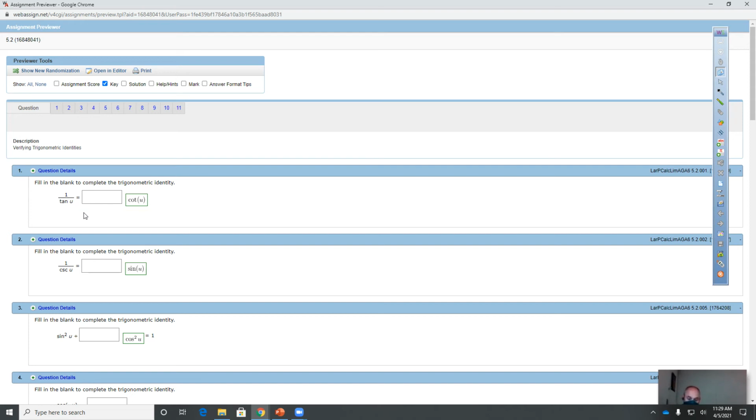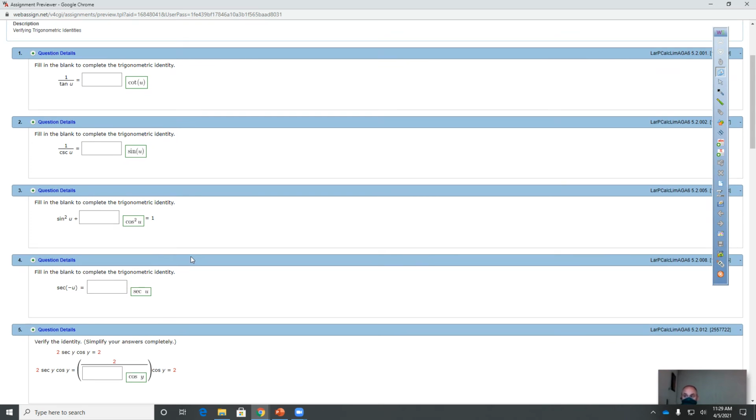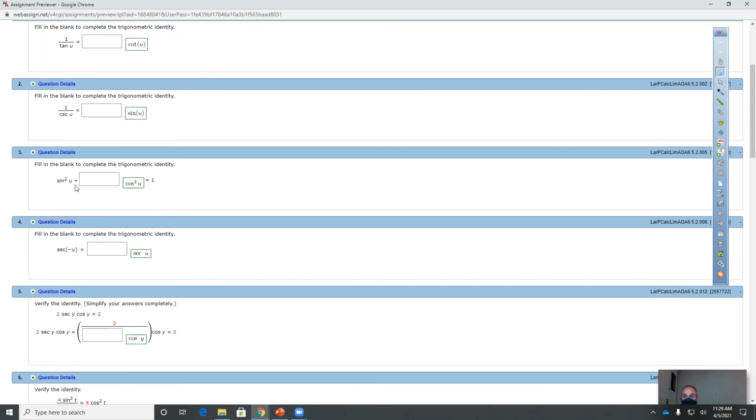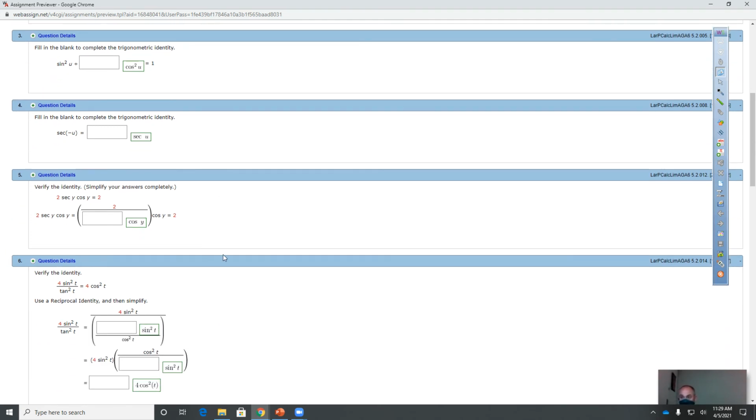What's that equal to? That's a simple reciprocal identity. 1 over tangent of u is going to equal cotangent. Same thing there. The trig identity, sine squared u plus what equals 1. That's just a Pythagorean identity. Here's the next one, just an even odd identity, pulling it straight off that sheet.